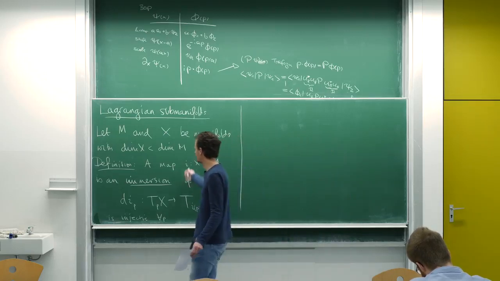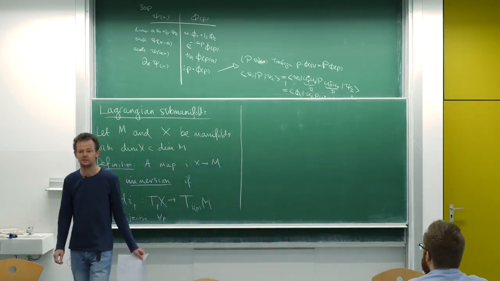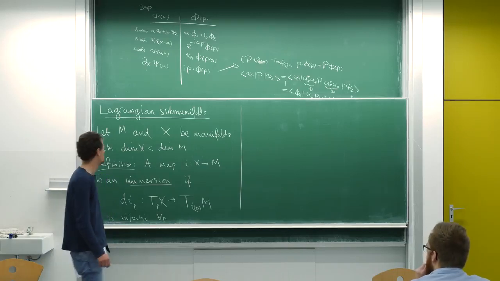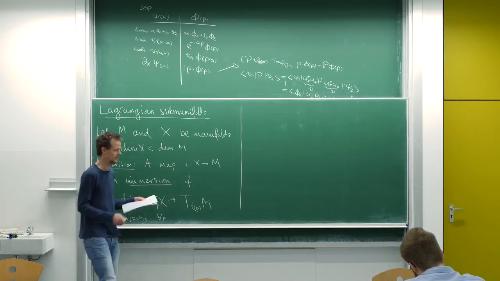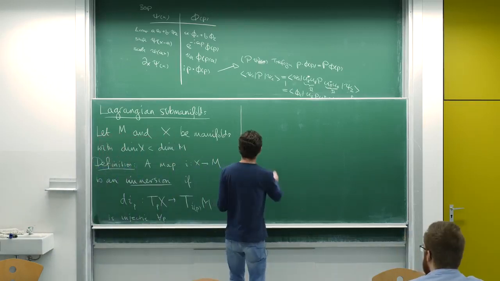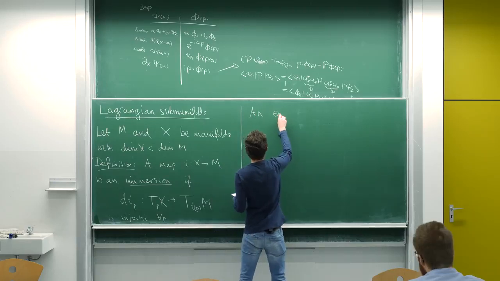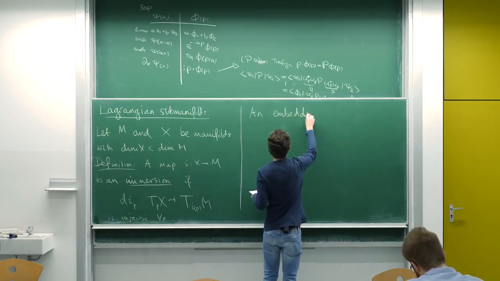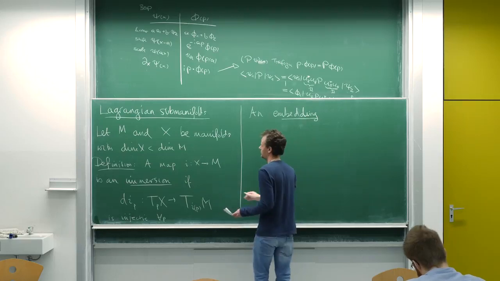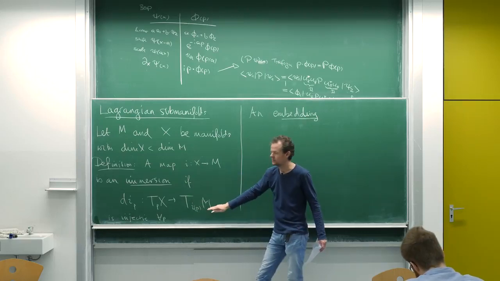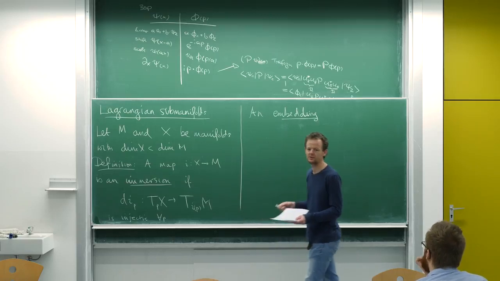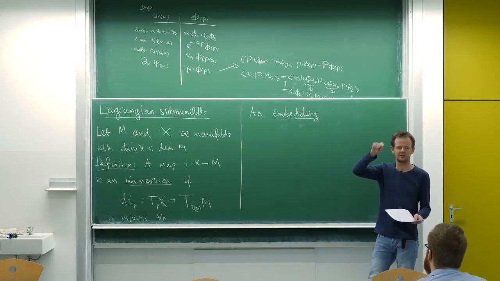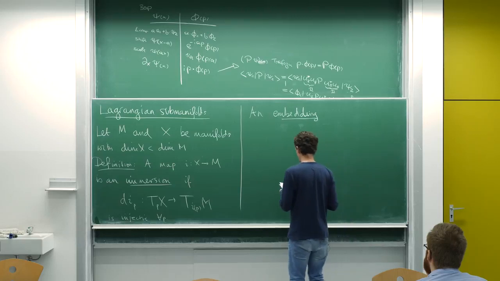Now it turns out that's not enough for the map I to identify X as a submanifold of M. Lots of things can go wrong if your map is just an immersion. So we need another adjective. In particular, if you look at this condition here, you see that it's a local condition. It doesn't say anything outside of an infinitesimal neighborhood of a point p. So you can imagine that things can go wrong on slightly less local scales.